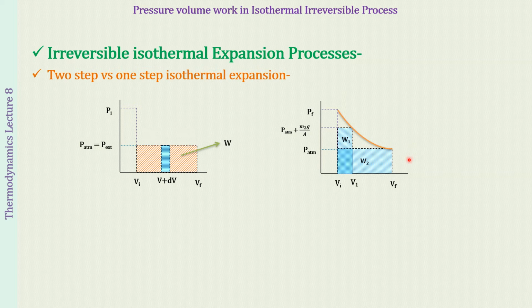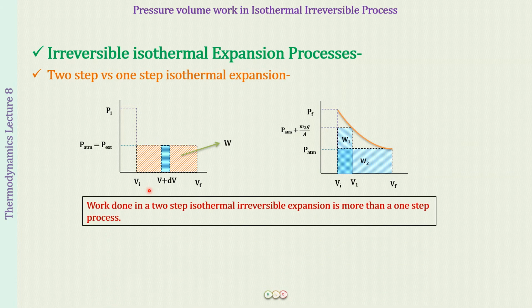Well, this area is the work done which is common to both the diagrams. But along with this area of work done in the one-step process, when we increase the process to two steps, there was an additional portion of work being done, right? So from one step to two steps, the work done has increased.